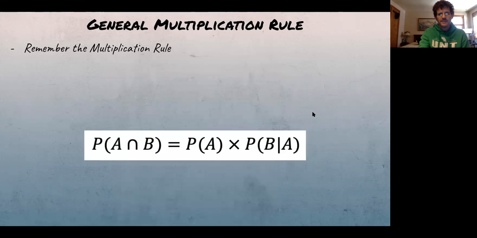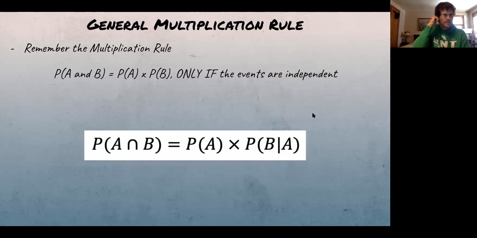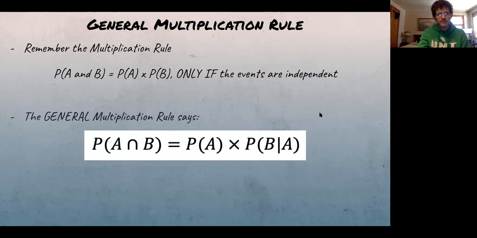So now that leads us to our general multiplication rule. Before, we had the rule that said the probability of A and B equals just the probability of A times the probability of B, only if the events are independent. The general multiplication rule is a slight tweak. This looks like a very minor change, but it does change how we calculate it.